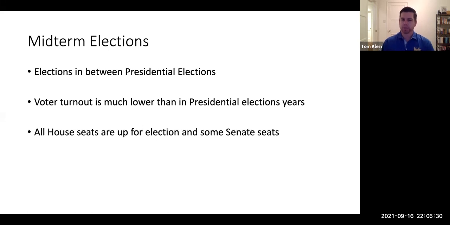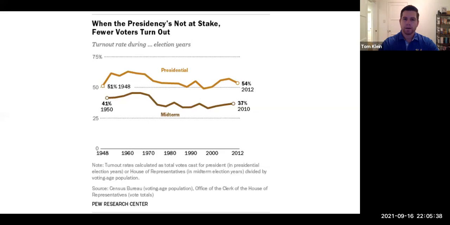Every 2 years, all House of Representatives seats are up for grabs, and Senate seats are staggered because they're every 6 years. So here you can see a chart from Pew Research. In case you can't tell, I like Pew Research. I use a lot of their graphs. It's a little out of date.